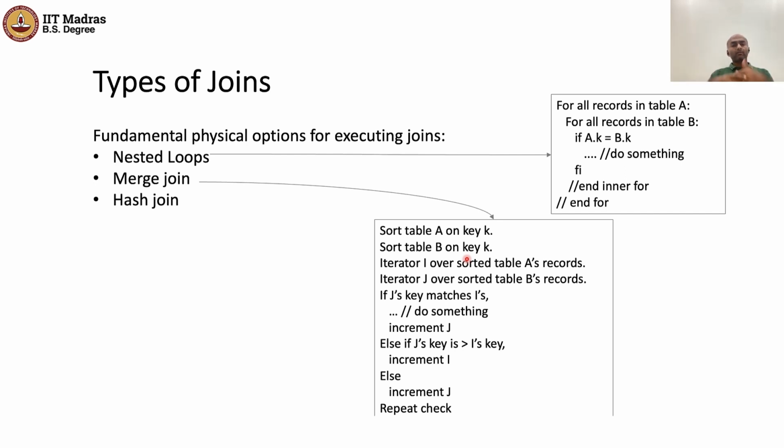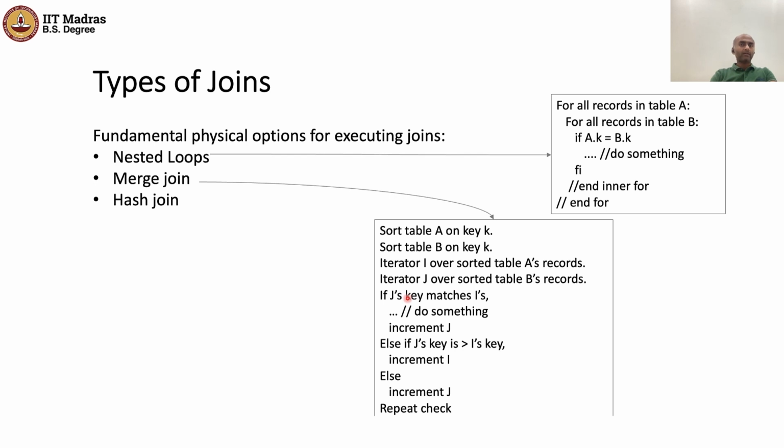So the way I go about physically executing this is first up, just sort the tables respectively, not together obviously, but respectively. And once you sort the tables respectively, then you pick up an iterator over the sorted table records of each. So in this case, iterator I over sorted table A's records, iterator J over table B's records, and then you look at whether the keys match.